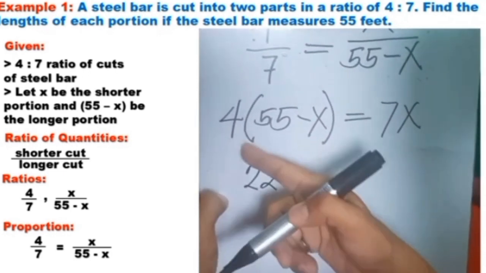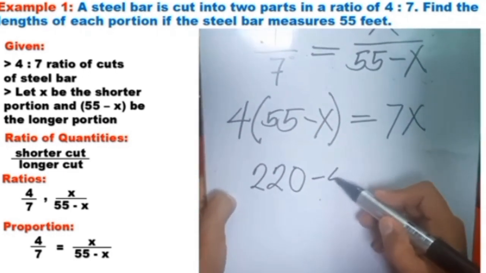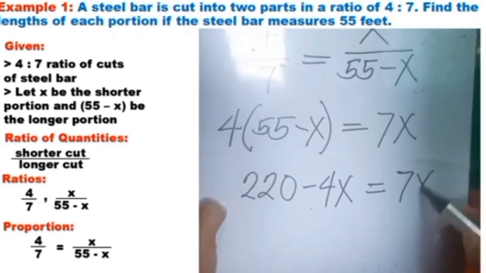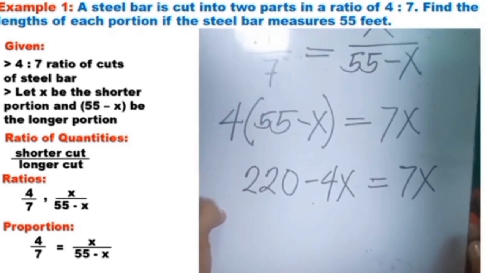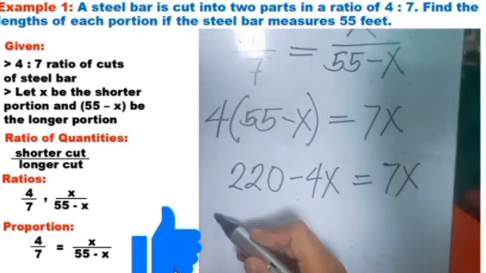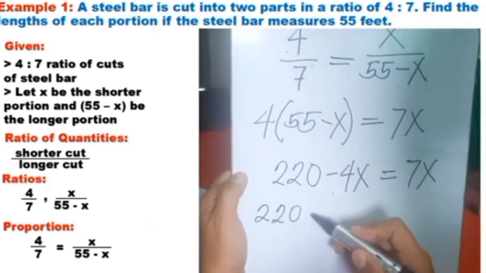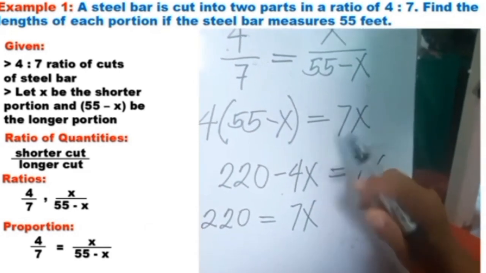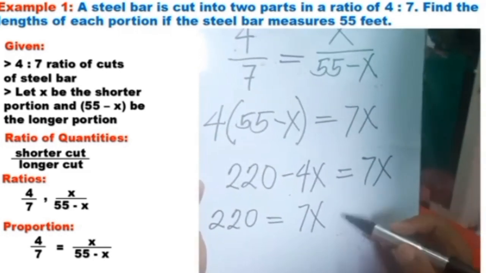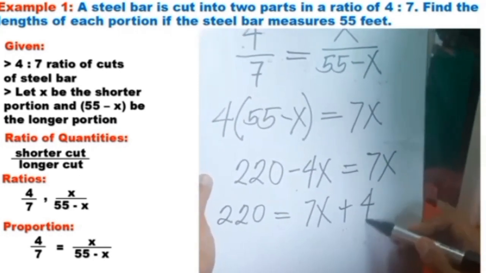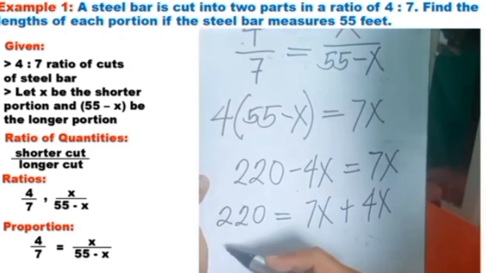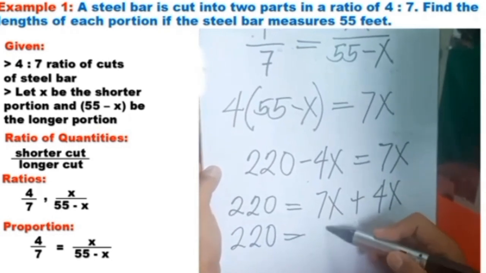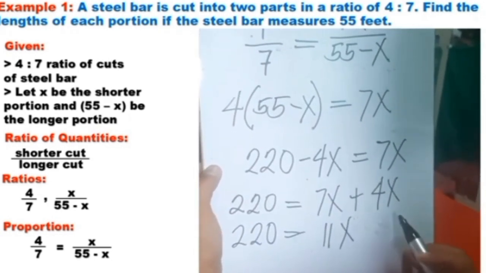220. 4 times X equals negative 4X equals 7X. Next, 220 equals, we will combine like terms. 7X, if we transpose 4X to the right, it will become positive 4X. 220, 7X plus 4X equals 11X.